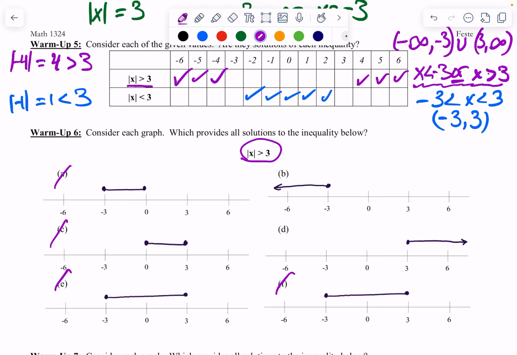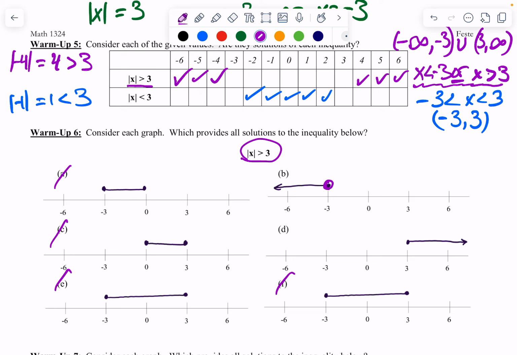Now, looking at B, it's going from -3 to negative infinity. Though, it really should be an open circle because 3 is not included.